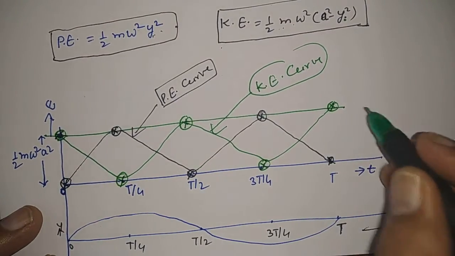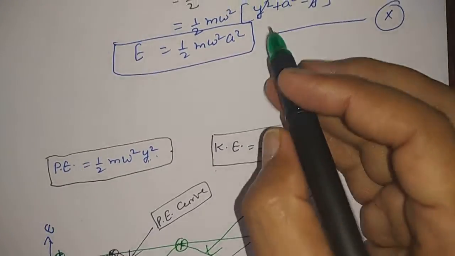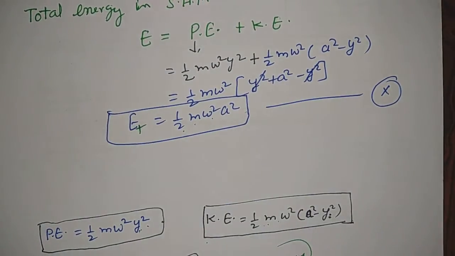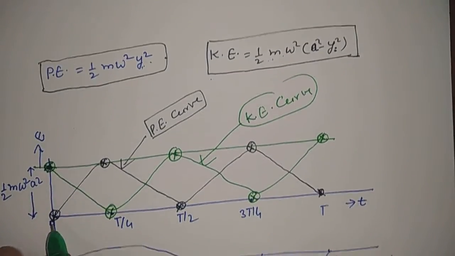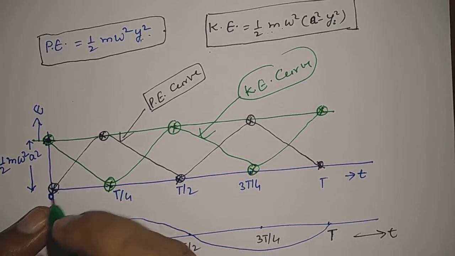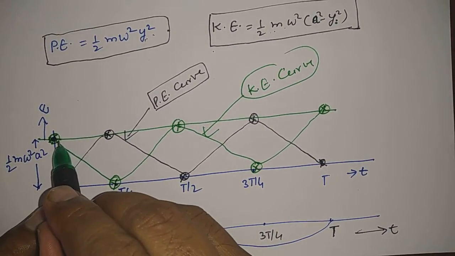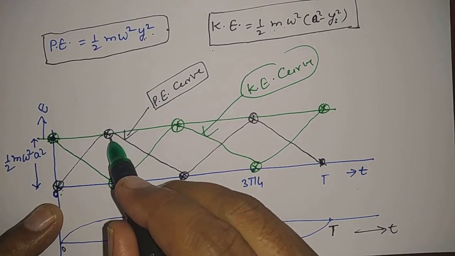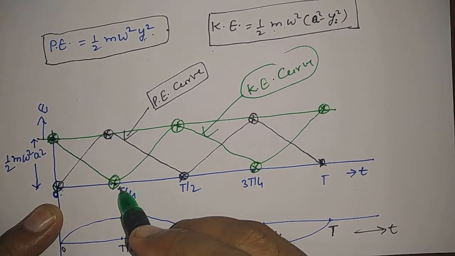So see here, the total energy remains constant. The sum of kinetic energy and potential energy remains constant. This total energy is half m omega square a square. When potential energy is minimum, kinetic energy is maximum. When potential energy is maximum, kinetic energy is minimum.